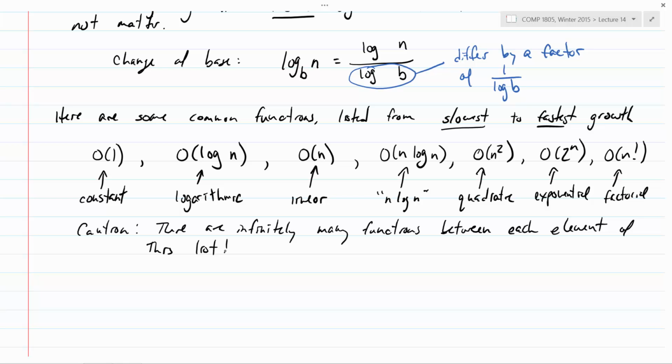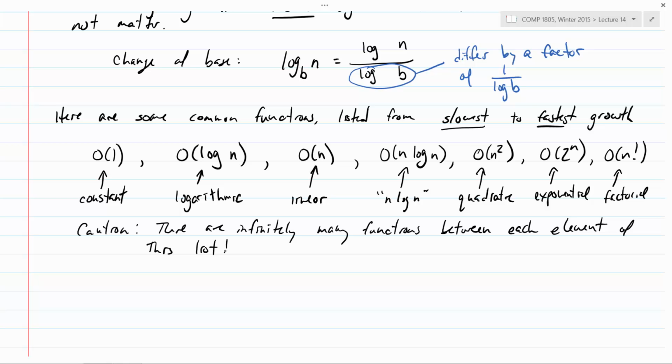What do you mean by that? Like n to a real number? Yeah, that's the example I had in mind, right? You could have a polynomial that was n to the 1, n to the next real number, n to the next real number. But of course, there is not a next real number. So that shows you that there's uncountably infinitely many functions between each one of the things on the list.